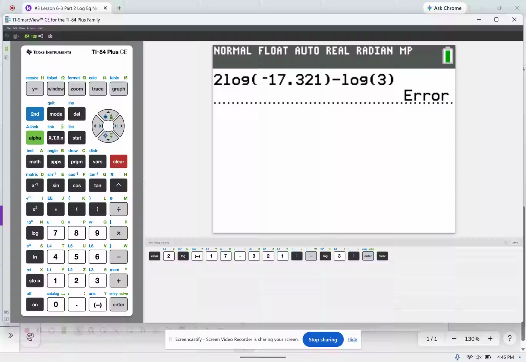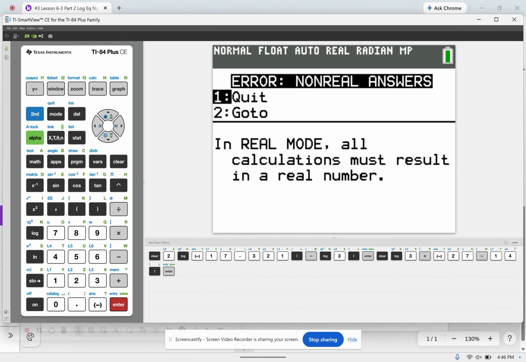So let's clear this out. Okay, so I'm going to go log, and then I'm going to open my parentheses. I'm going to go 3 times negative 27 minus 14, close my parentheses, equals. And my calculator says error. So since my calculator says error, that means that this answer is not acceptable.